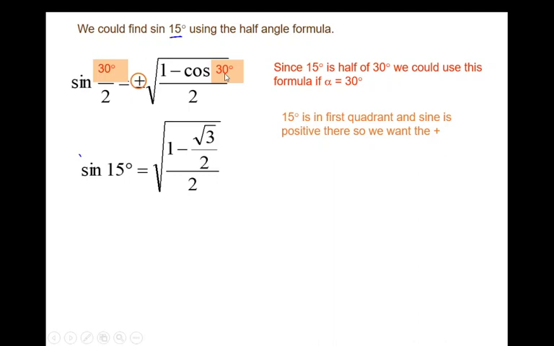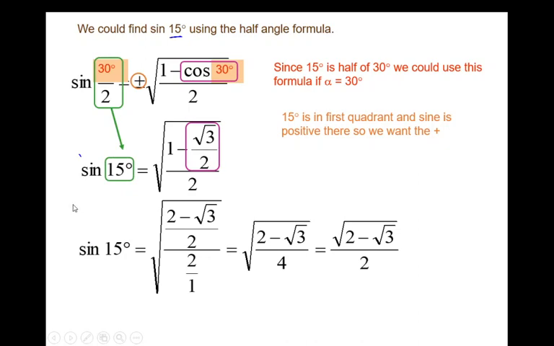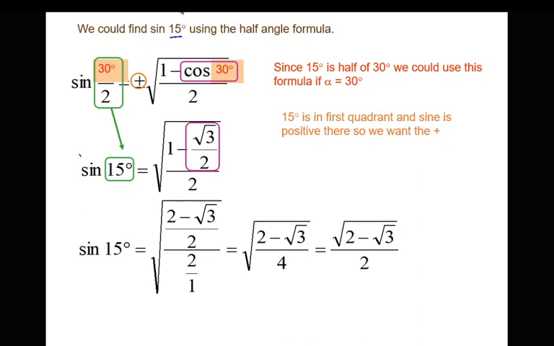Cosine at 30 degrees is the square root of 3 over 2. Reduce our fraction, and that becomes our final answer right here. So this is just algebra. We're using algebra and the unit circle values that we know to simplify and make things easier for us. And that's how the half angle identity works.